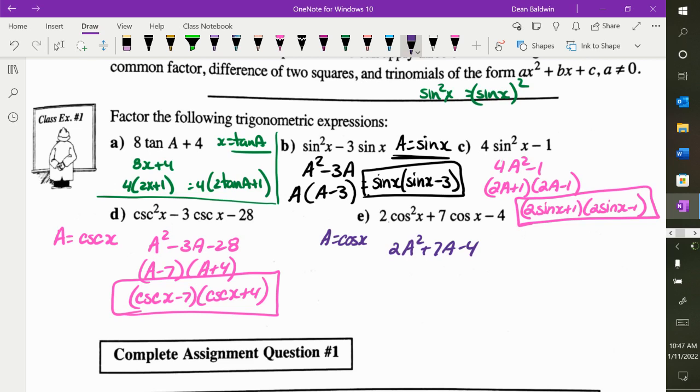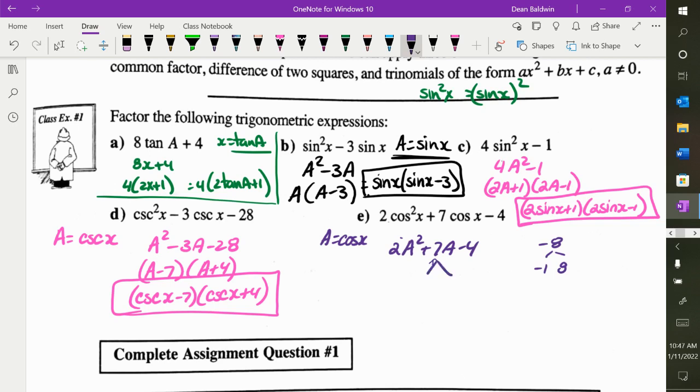You can use the window method or you can use decomposition. Window is essentially decomp. It doesn't matter to me how you factor it. The way I do it is I go 2 times negative 4, multiply the first and the last, and you get negative 8. And then you ask yourself what multiplies to negative 8 and adds to 7, the middle term. Negative 1 and 8.